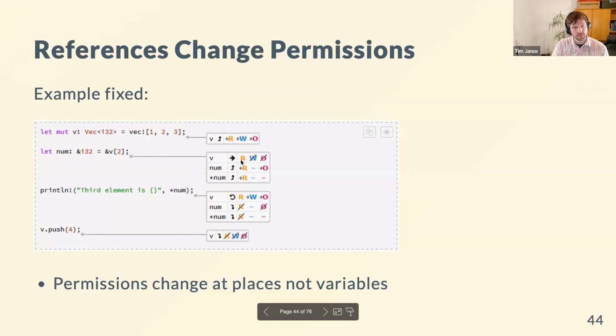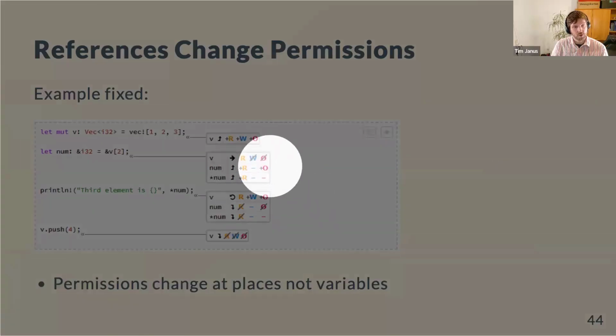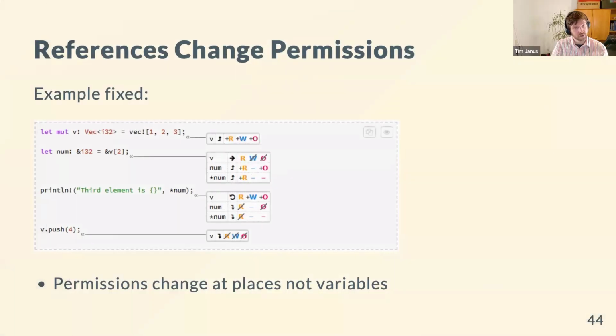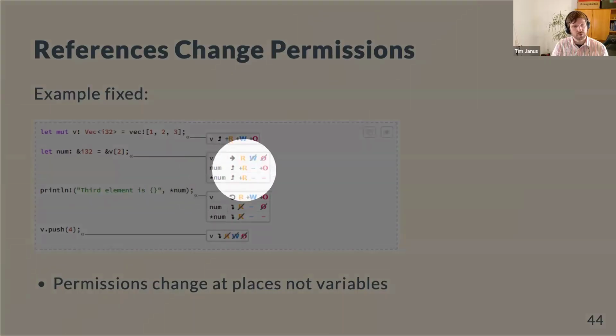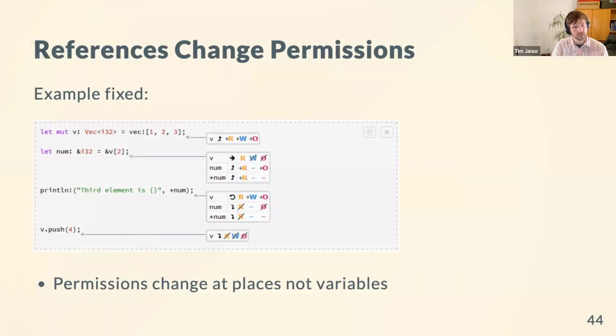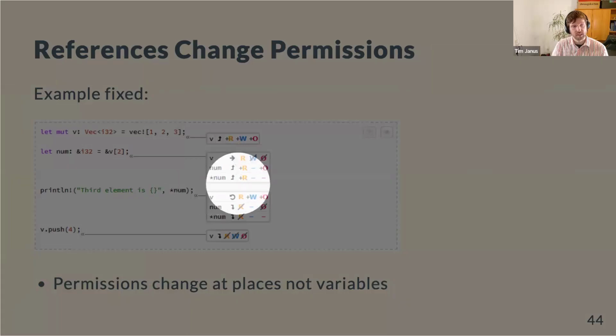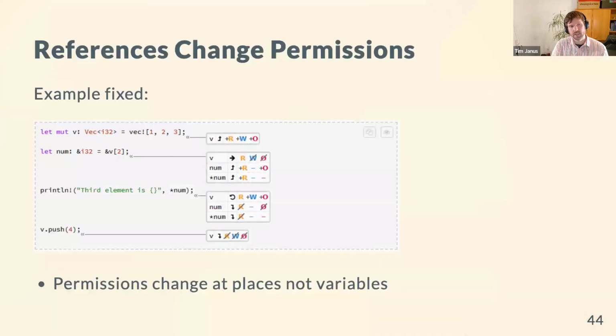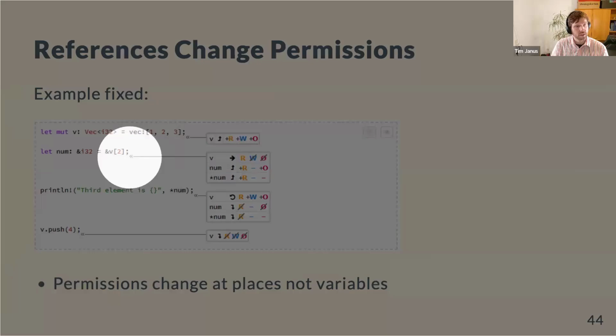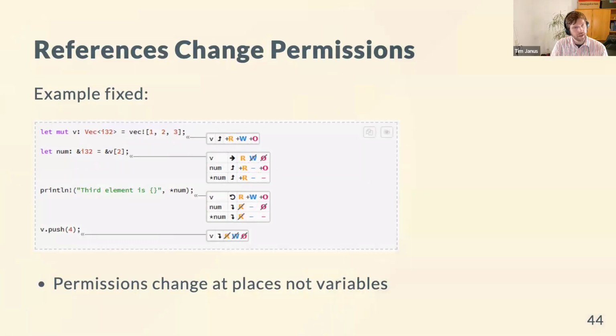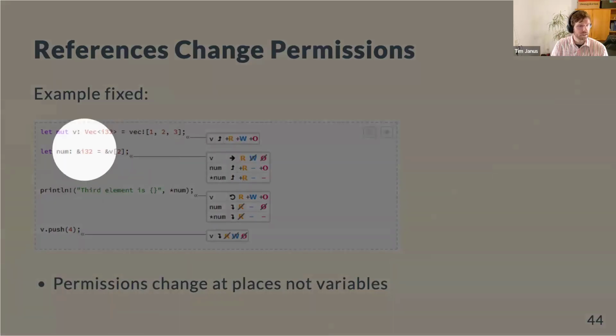At this point, we lose the permissions write and own for v. We have a reference with the read and own permission, and a value like the dereference num has the read permission here. Important here that this is a place. So we see this assignment, but there may be other places.